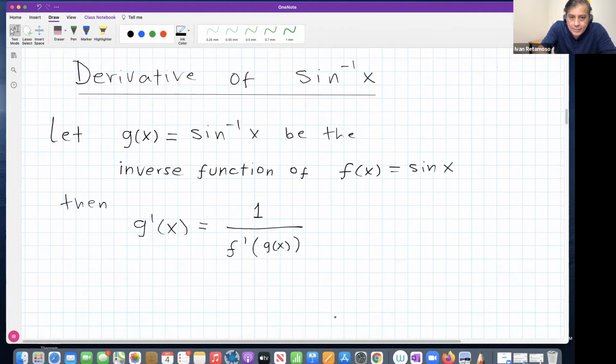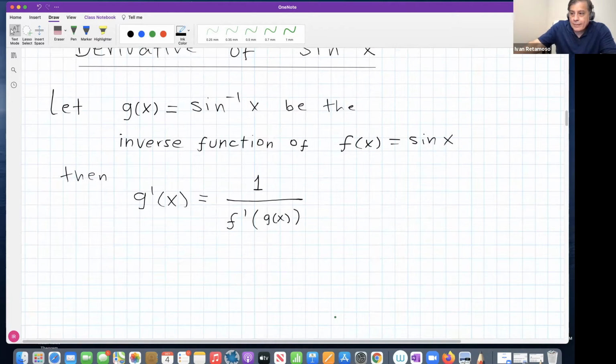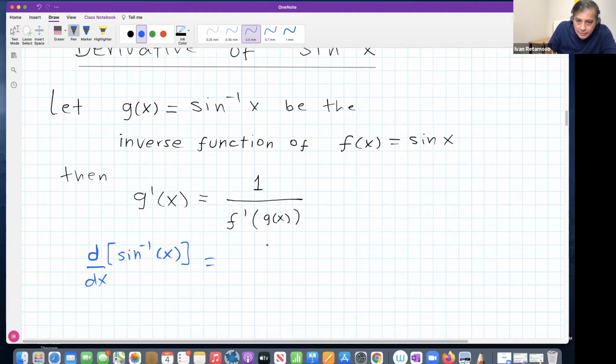So let's do that. The derivative with respect to x of sine inverse of x should be equal to 1 over, following this formula, the derivative of the original function, which is sine.